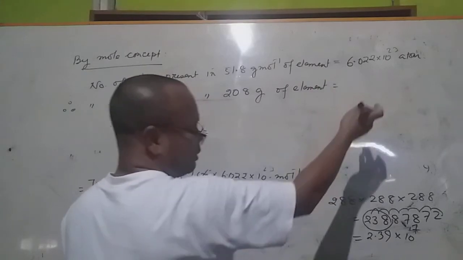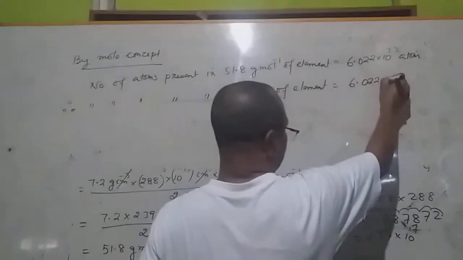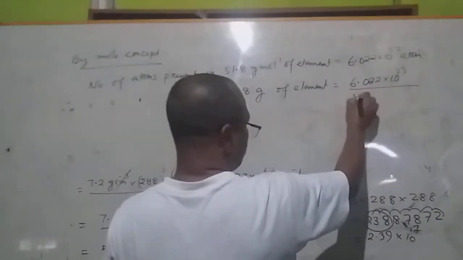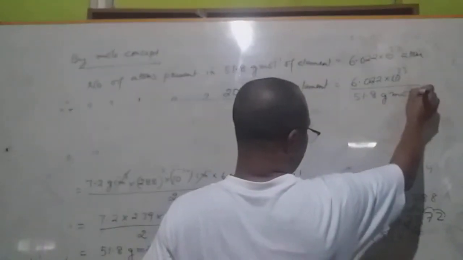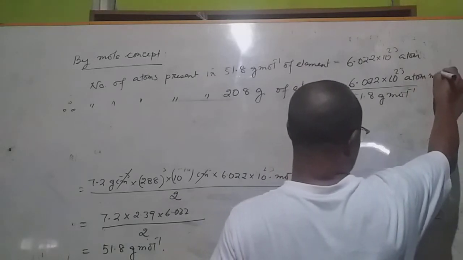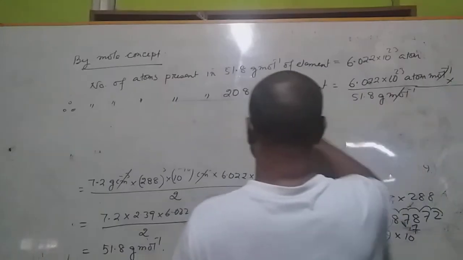Now here the calculation is very simple. We can do 6.022 into 10 to the power 23 divided by 51.8. Now here it is gram per mole, and this is also atoms per mole, right? So per mole can be cancelled, and what will remain here?